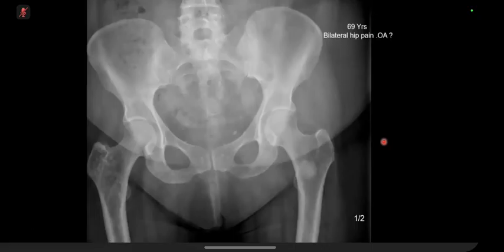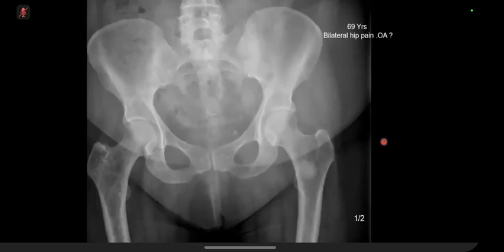Okay, so on the right there is a mostly lucent lesion with, superiorly, what looks like a wide zone of transition. I can't see the most inferior aspect of the lesion. It's more centrally placed. There's no evidence of cortical destruction. There's possibly some endosteal scalloping of the cortex more superiorly.